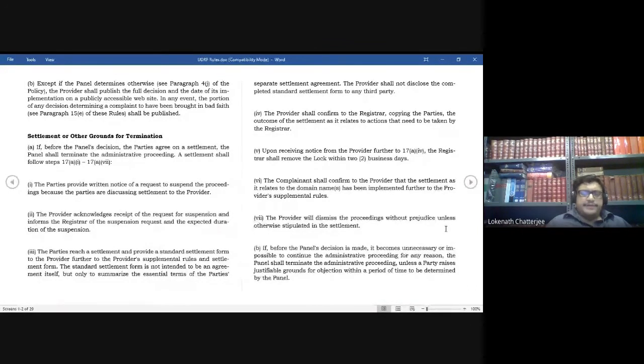Now, in case the decision is made sooner, again it may be suspended if negotiations are being conducted.